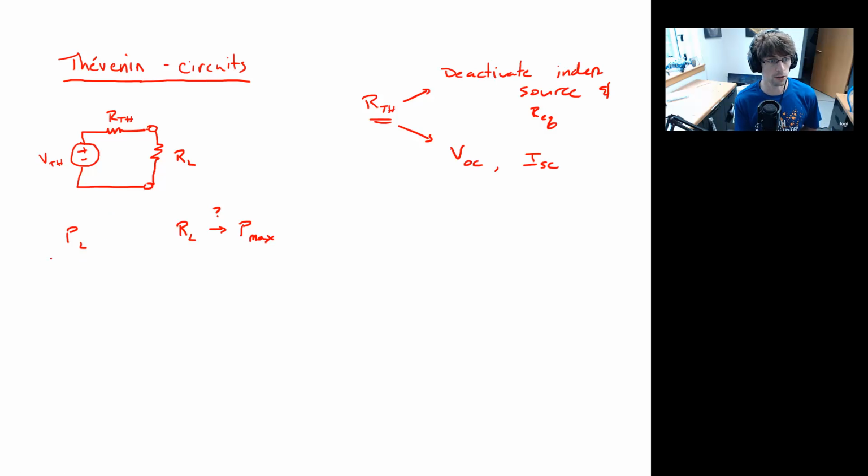So the first question, what's the power experienced by the load? Well, we could write that as I squared R. And in particular, we would use the current flowing through the load and the resistance of the load. Now, you probably already know what's the current flowing through the load in terms of our variables.